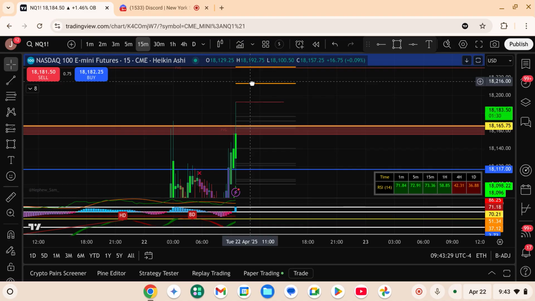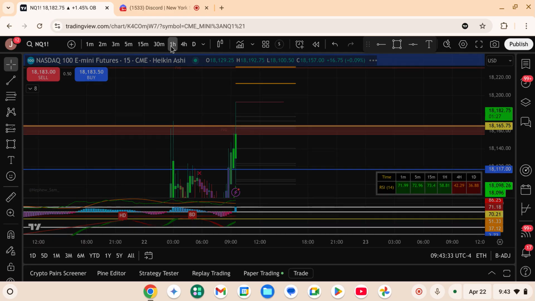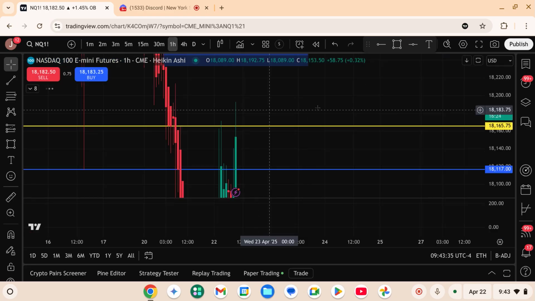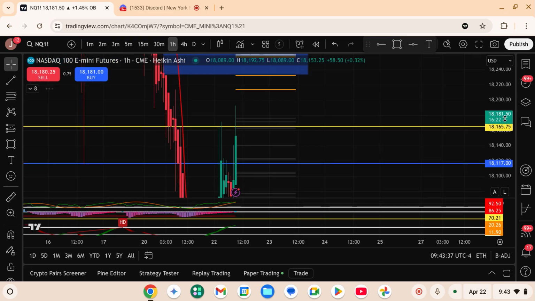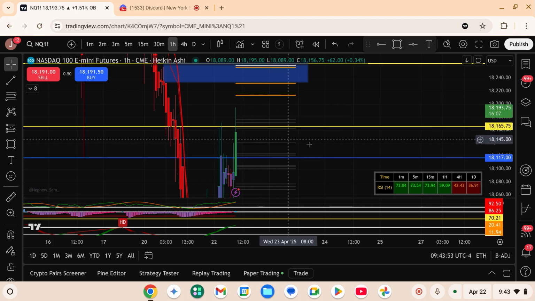Let's see what the 1 hour looks like first. Yeah, we want the 1 hour to push through here with the body. You want the body to start pushing through there.